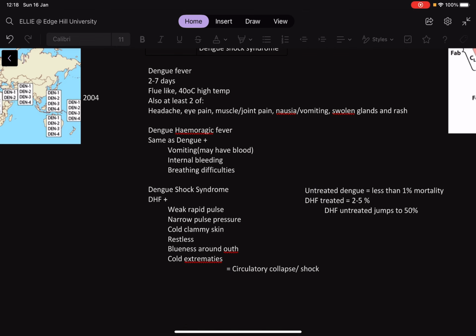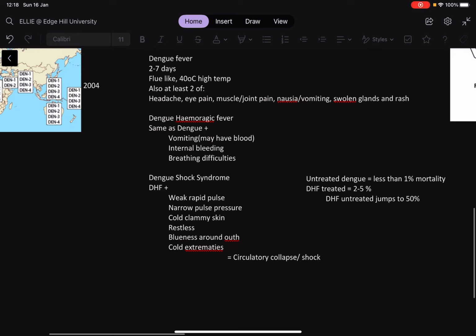For severe dengue, with dengue hemorrhagic fever, you have all the symptoms of dengue fever, but it also includes vomiting, which may contain blood, internal bleeding and breathing difficulties. Think hemorrhagic as like hemo, so blood, so you're going to be throwing up blood and you're bleeding inside if you've got dengue hemorrhagic fever.